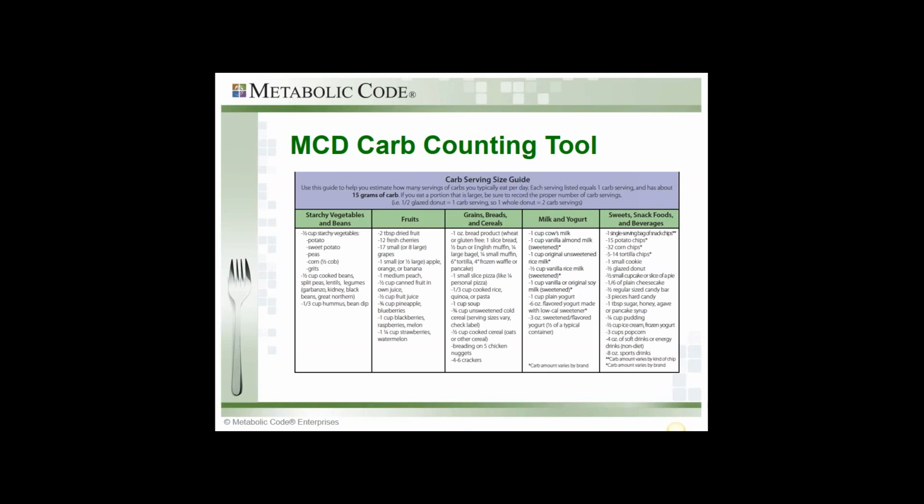We generalized on the beans to a 1/2 cup, just because we were trying to fit in as many foods as possible. But if you look at a diabetes exchange list, you'll see, for example, that with lima beans, it takes 2/3 cup to get that same 15 grams of carb. But again, we just wanted to keep it general for people here.